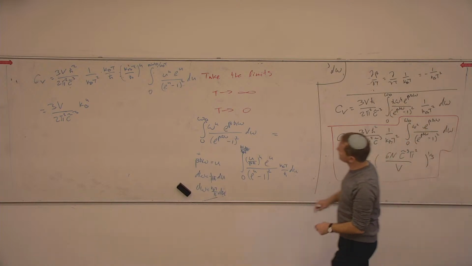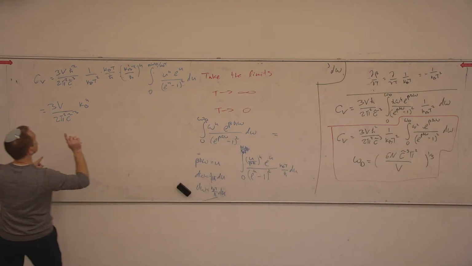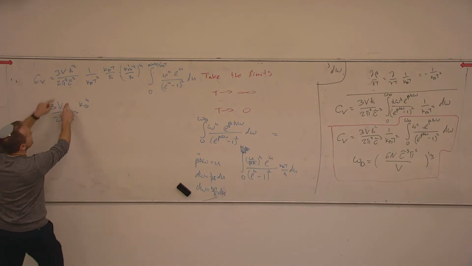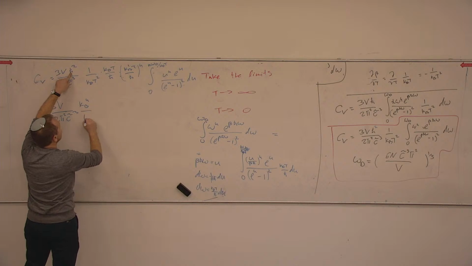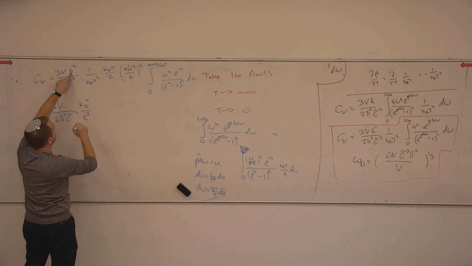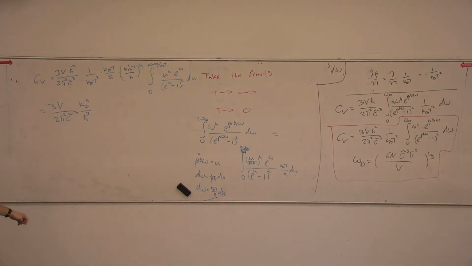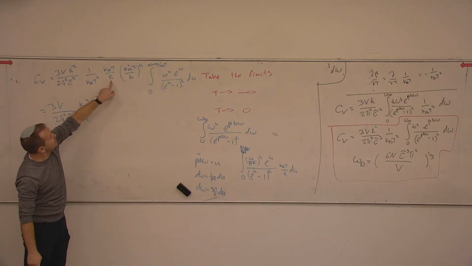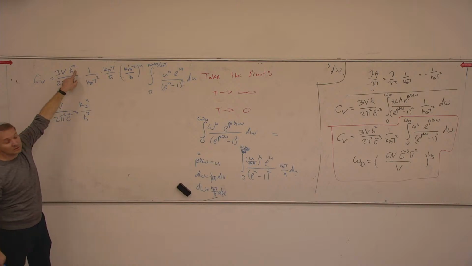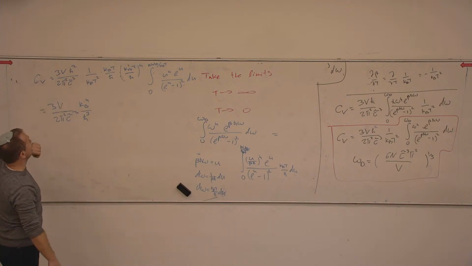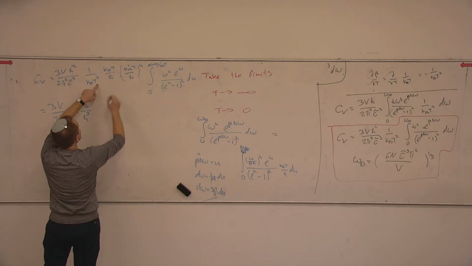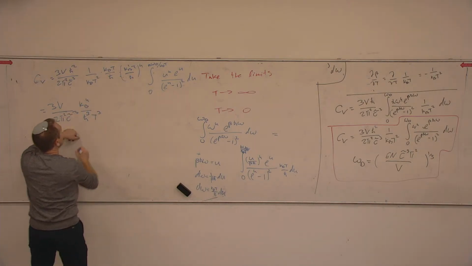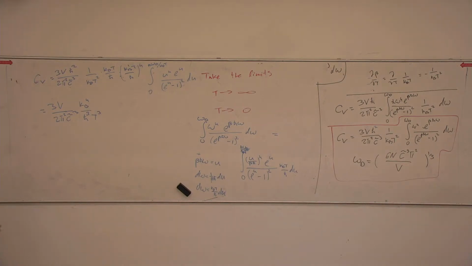Okay, so h bar squared is right. So h bar squared, h bar to the third. So in total, I have h bar to the third. And I have T squared, T to the third, so T to the third.